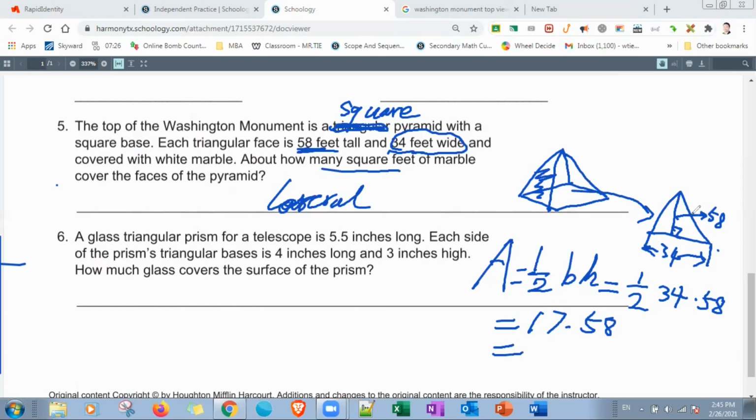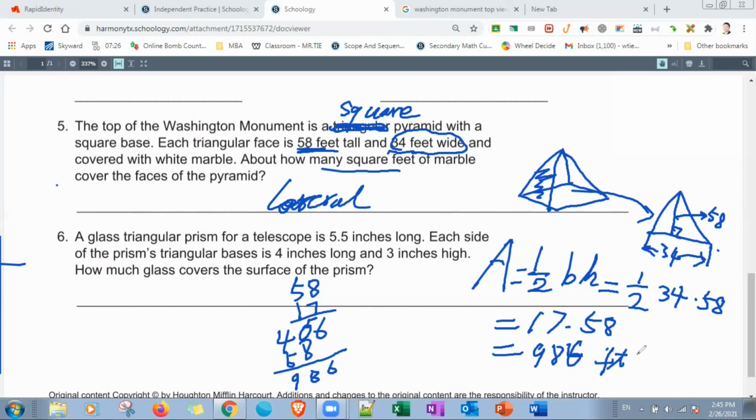That should give you the area of that triangle. That equals 58 times 17, which is 986 square feet.